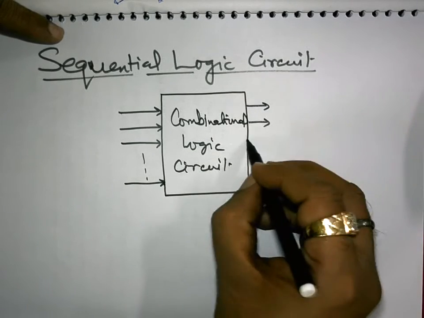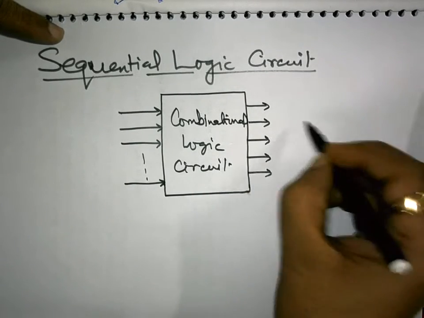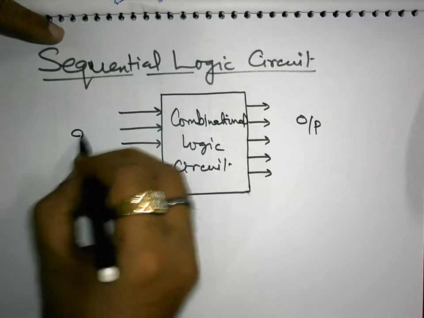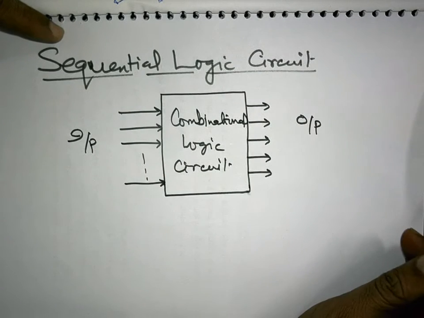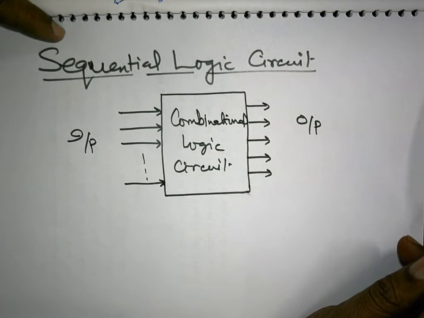It is a kind of logic circuit in which the output is a function only of the presently applied input or present inputs. In no way is the output dependent on the past output.